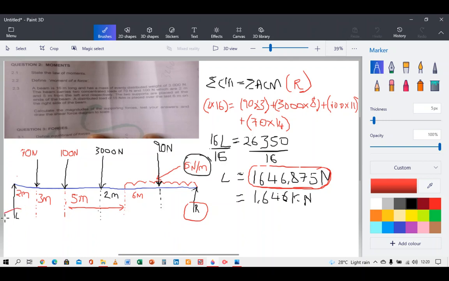So coming to the next one, you just do the same. You take moment about L to calculate the value of R, and you just perform the same calculations as I did here.